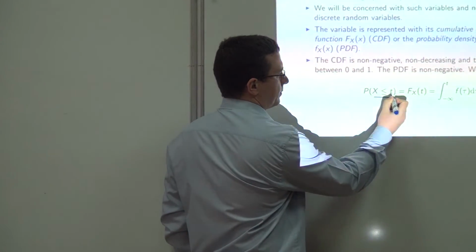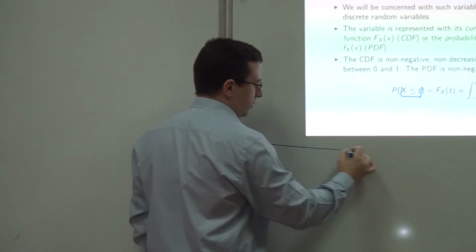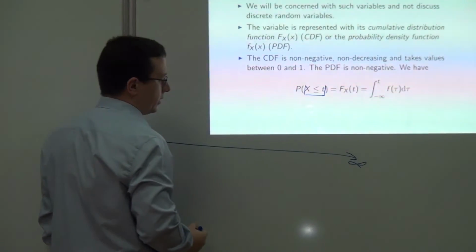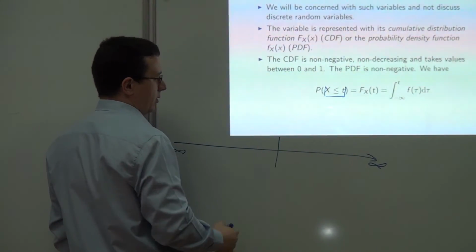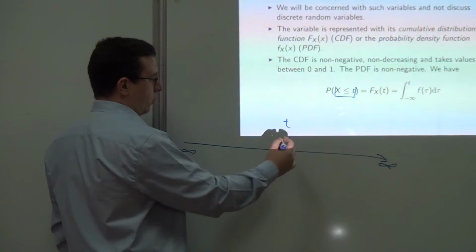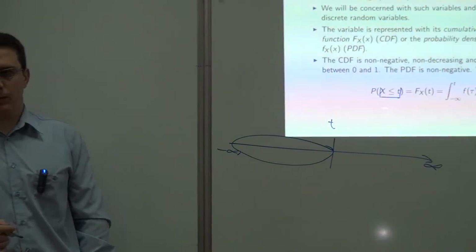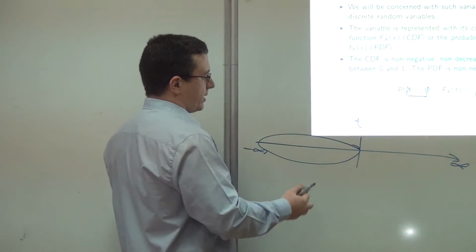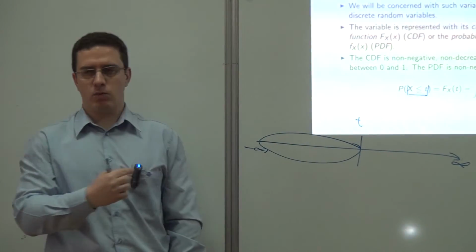This is an event, this thing here, x less than or equal to t. So we have an interval, let's say starting from -infinity and going up to infinity. And this interval, we split it at t. And we look at this event here. So it's a subset of the whole probability space. And what we say is that, okay, we want to know what the probability of this event is.